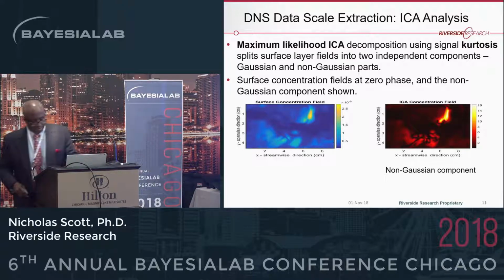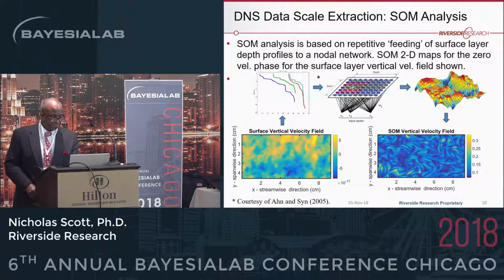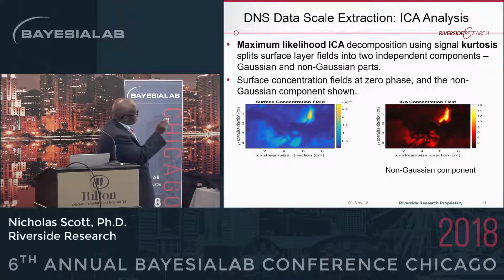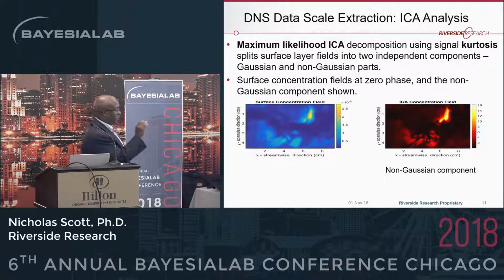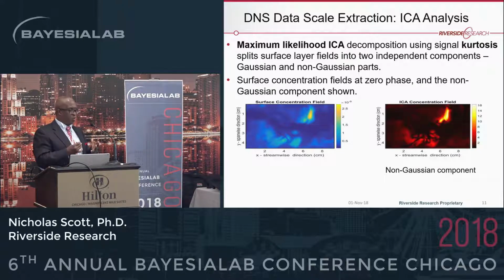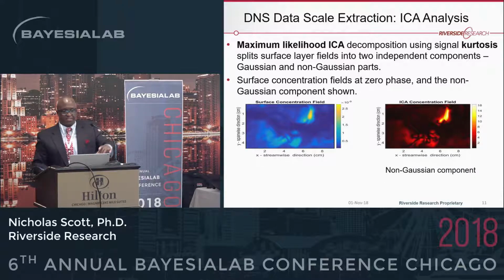Just pulling out the independent or non-Gaussian part of the fluid. Both of these methods are ways of pulling out coherent, cohesive structures in the surface layer for pressure, concentration, velocity. That's all it is.